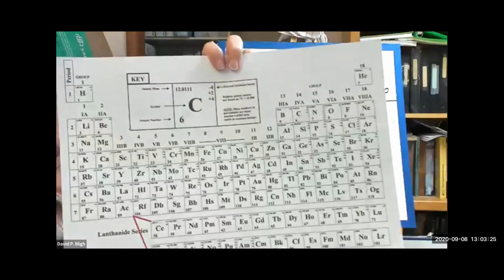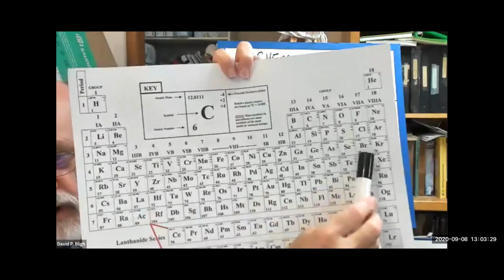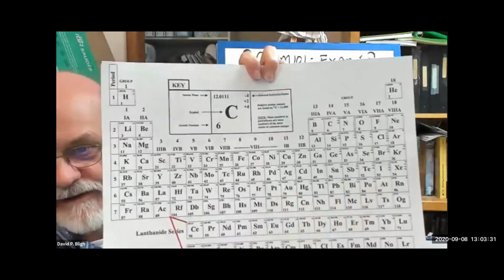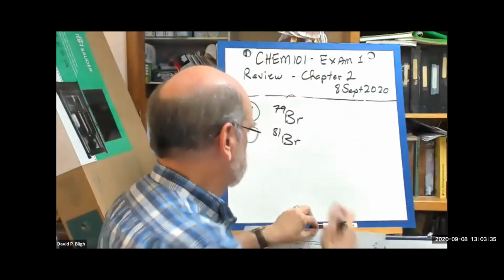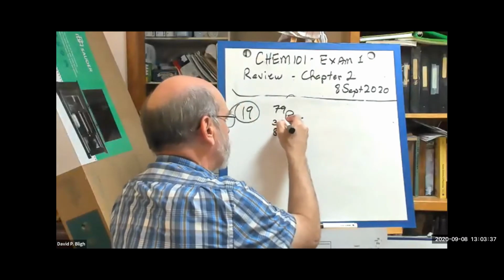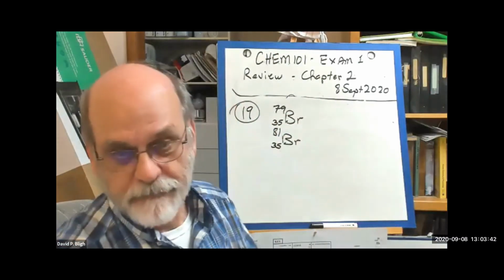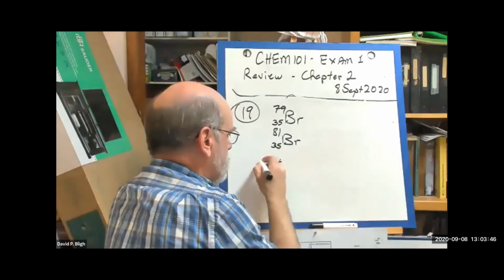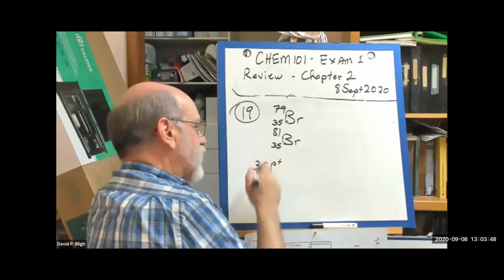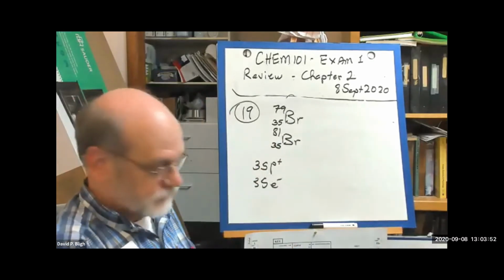It's a halogen, right? Halogens are over here, and there's bromine. Okay, 35 is its atomic number. So that's the number of protons. So it has 35 protons, and a neutral atom has 35 electrons as well.